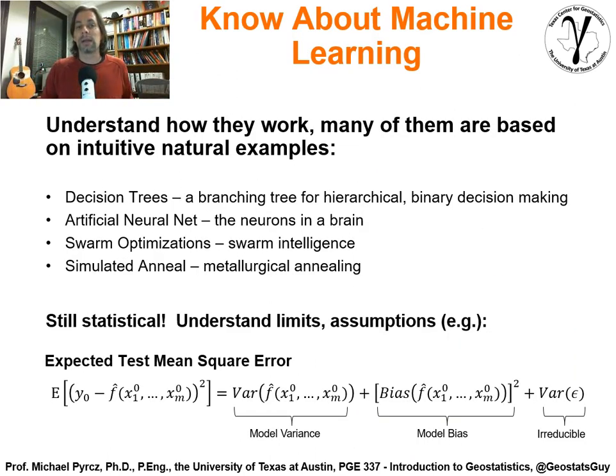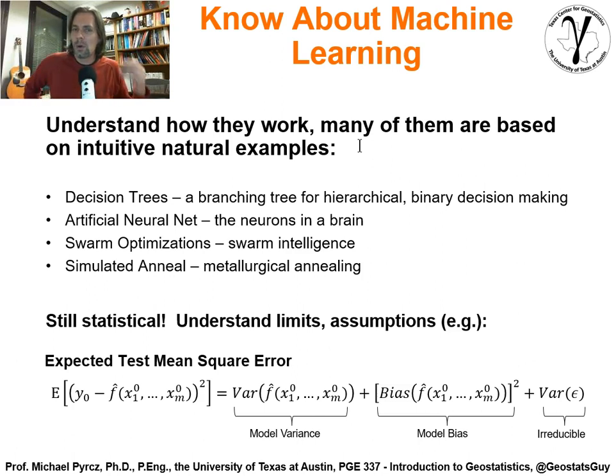Know about machine learning, statistical learning. Understand how they work. Many of them are based on intuitive natural examples, and so they are quite intuitive and they are logical to us. Decision trees, the hierarchical binary branching approach. There are cognitive scientists who say that that's in fact how our brains work.